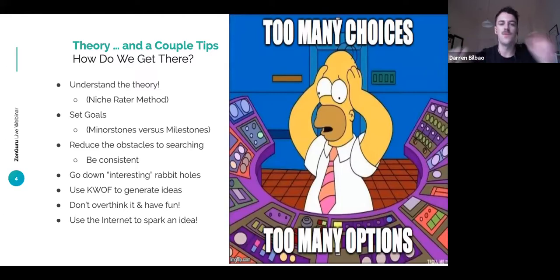You don't want to just be randomly searching at different products. You need to have a clear idea of what you're looking for to start with. So you need to understand the theory, which is the niche rater method, which I'll go over in just a second. You need to be able to set goals. John, our CEO, talks about milestones versus milestones. Your milestones are those big goals, like I want to launch a product or I want to have a 10K a month product.